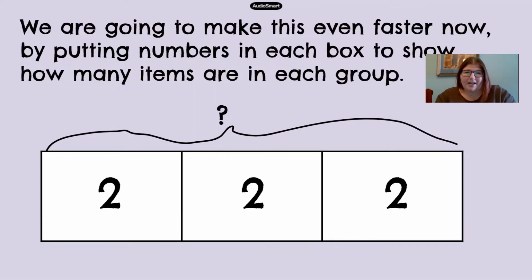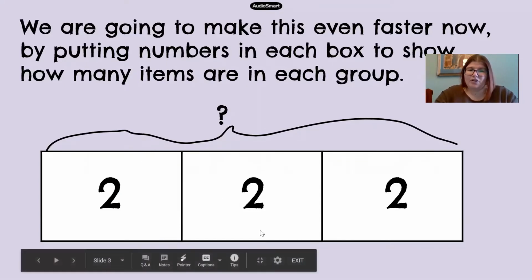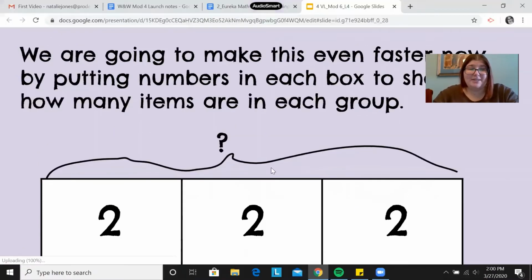I remember that repeated means over and over and over again, and equation means I'm going to be adding. So what numbers are we going to be adding? 2. And how many times are we going to add 2? I see 1 group, 2 groups, 3 groups. So I'm going to be adding 2 3 times.